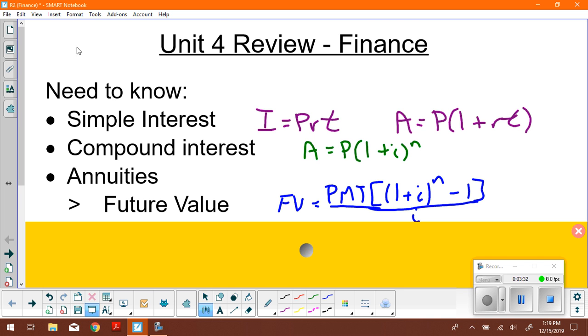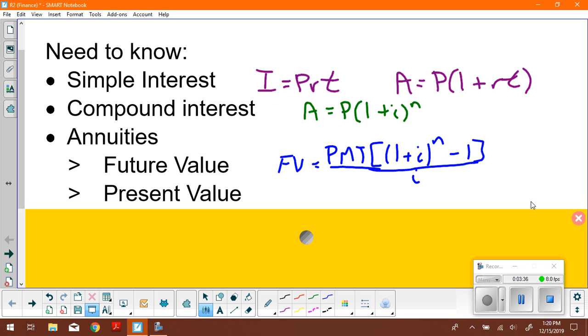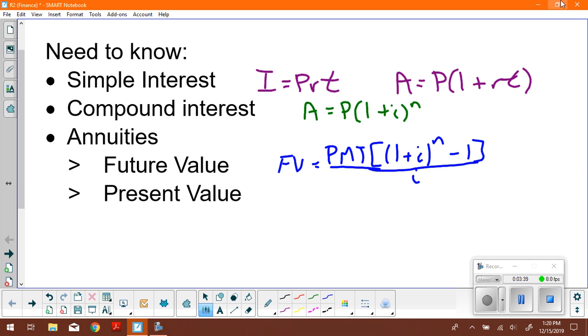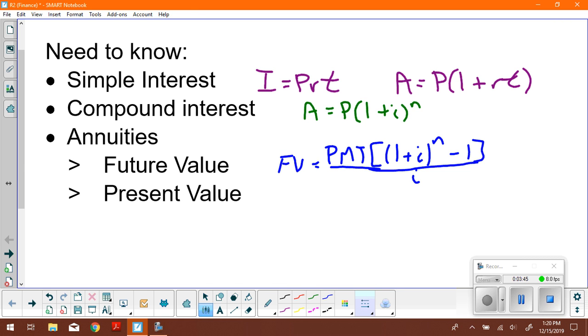We had a similar formula for debt, or what's called the present value of an annuity. In that situation, the loan is taken up front, or you have money up front and it's paying out, something like that.